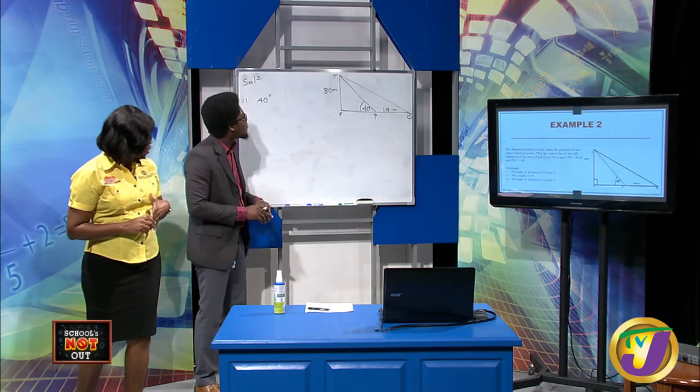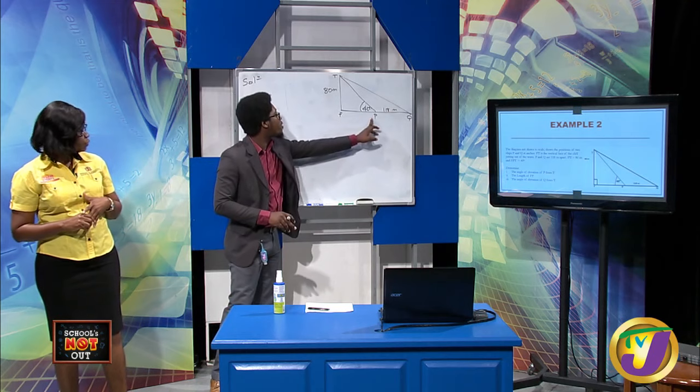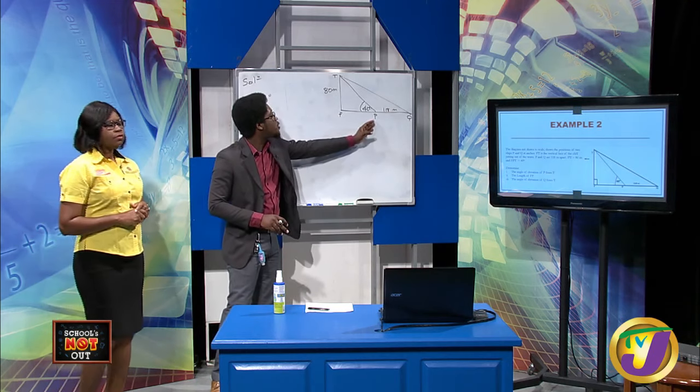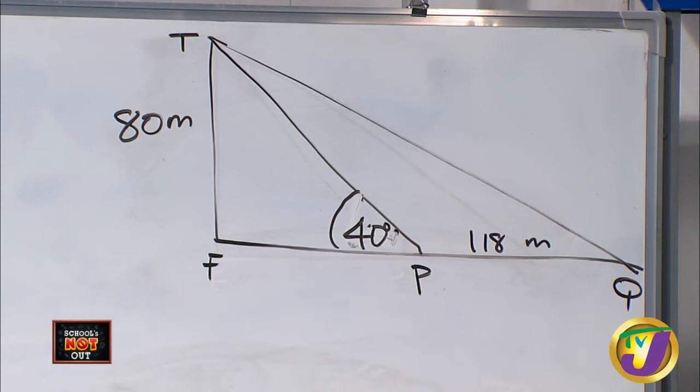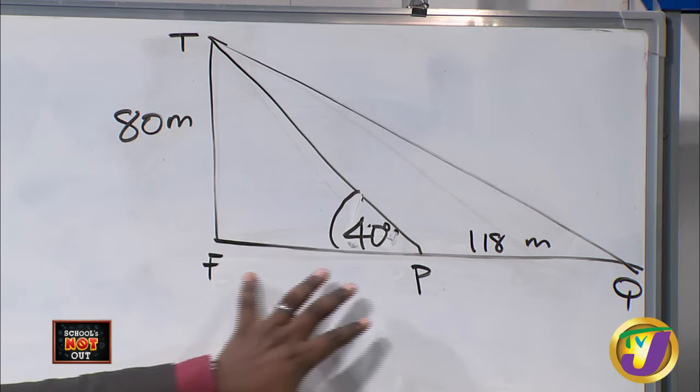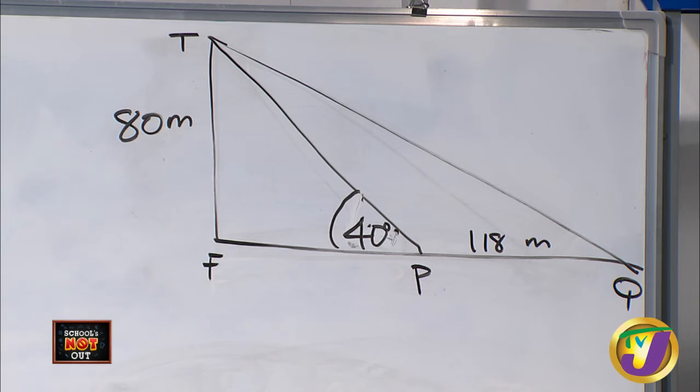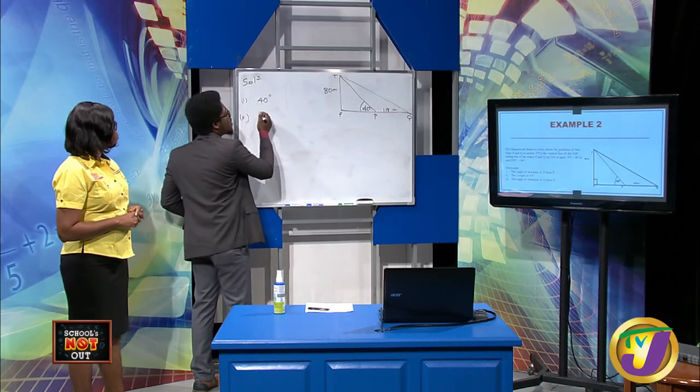Looking at my diagram, I realize that FP is just a part of the whole triangle we're given. So I'm going to extract the triangle that has FP, triangle TFP.